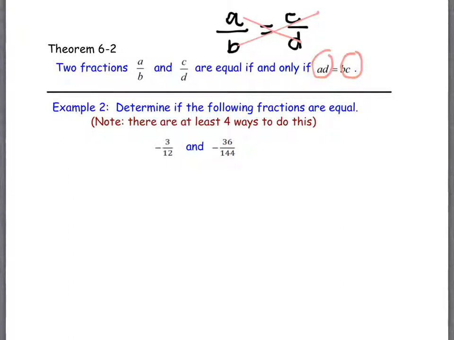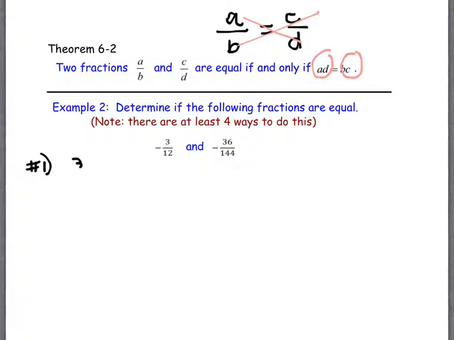We're going to find several ways to determine if these are equal. So one option is exactly what theorem 6-2 above says, which is cross multiplication. So let's do that one first, okay? So option number 1 for determining if these are equal. First of all, they're both negative. So can I just ignore the negatives? Are you guys good with that? All right.